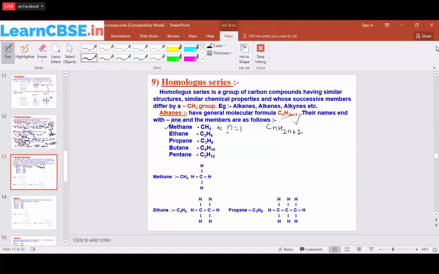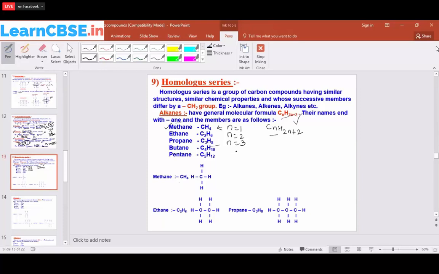Then we substitute n equal to 2 in this formula. So we will get C2H6. We call it ethane, the second member of the family. This is n equal to 3. We substitute over here in this formula, C3H8. So 3 times 2 is 6, plus 2, 8.